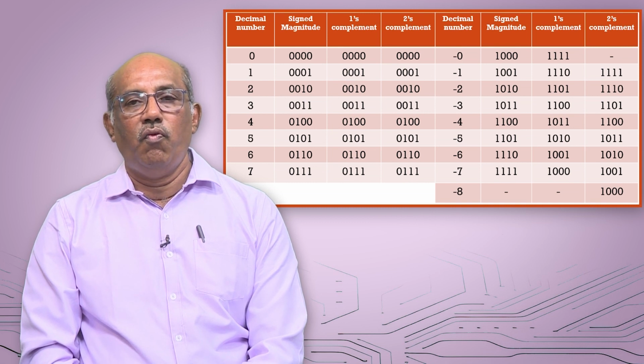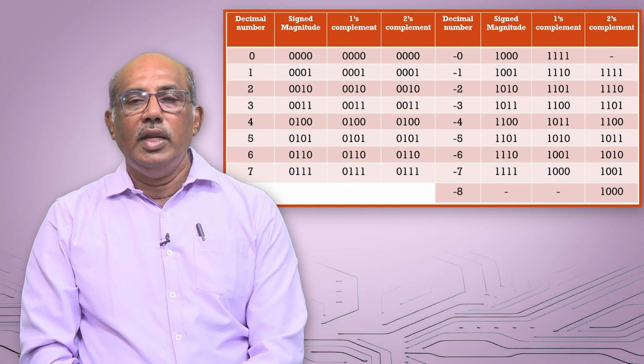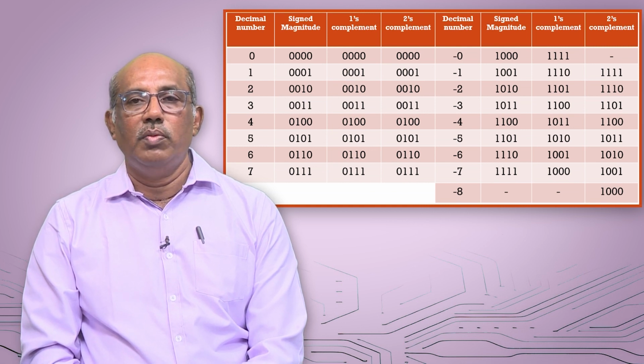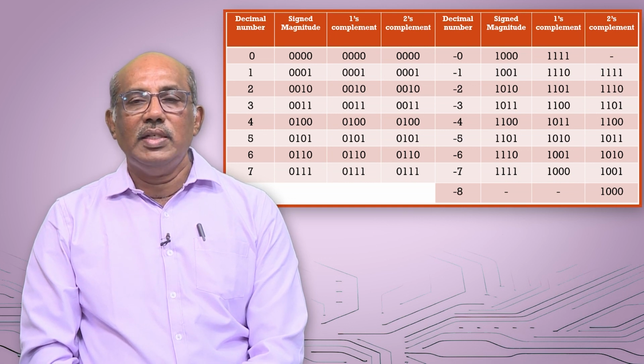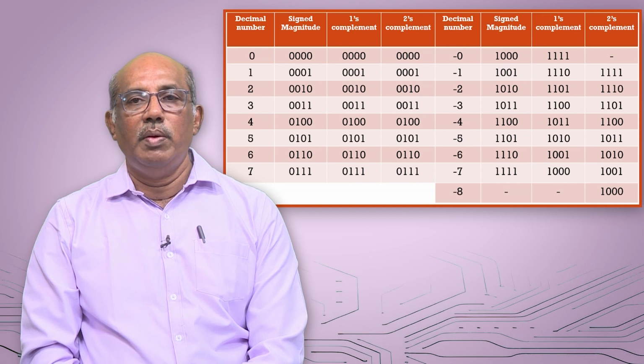That is, you require 5 bits to represent minus 8 in sign magnitude form. Therefore, it is not possible to represent minus 8 using 4 bits in sign magnitude form. The same argument applies to 1's complement also. Fine, but minus 8 you can represent in 2's complement form as 1 0 0 0.